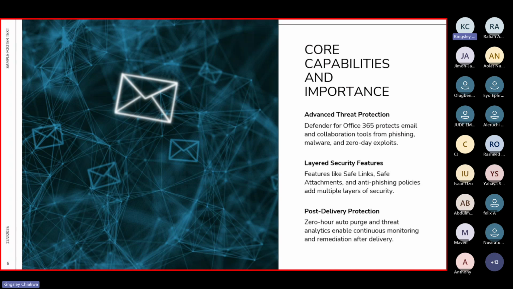Safe attachments protect the attached documents people click on, because that is how people get hacked or breached. Then there are anti-phishing policies to prevent phishing from happening, which add multiple layers of security.